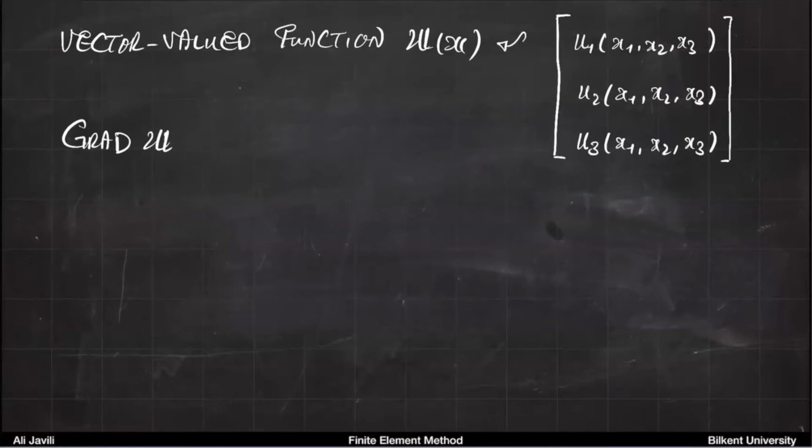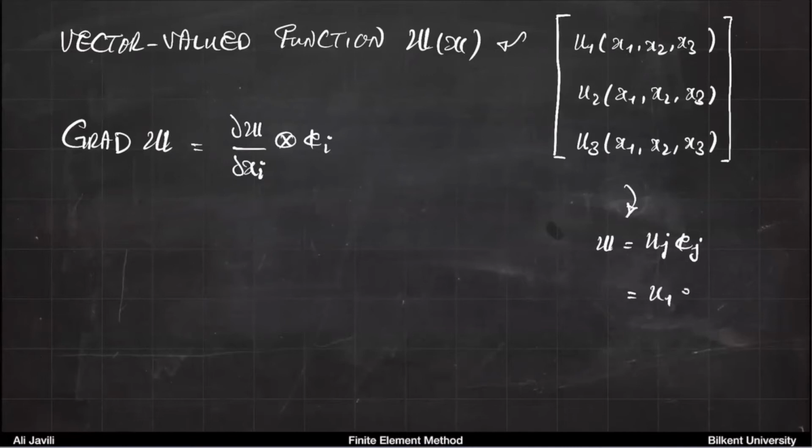So the gradient of this, as we discussed before, would be the derivative of that with respect to, let's say, each component, with the dyadic e_i. That is how we define this thing, right? And then here you can imagine you would express this vector as u_j e_j. So this is basically u1 e1 plus u2 e2 plus u3 e3.